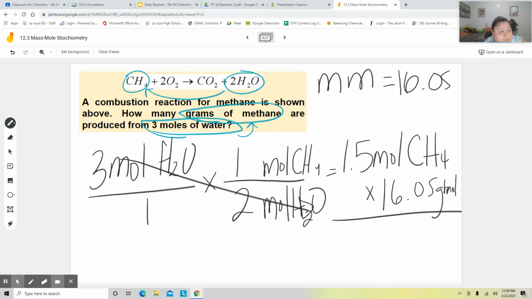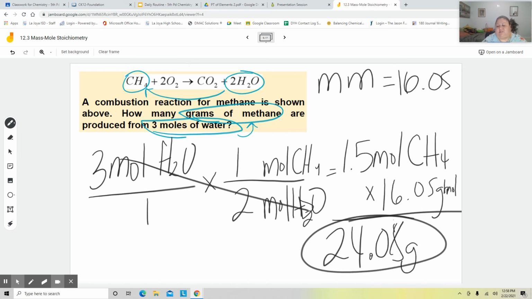Around 25 is the answer. What is it specifically? Very good. That is correct. 24.08, right? Because we got to round correctly. Grams.